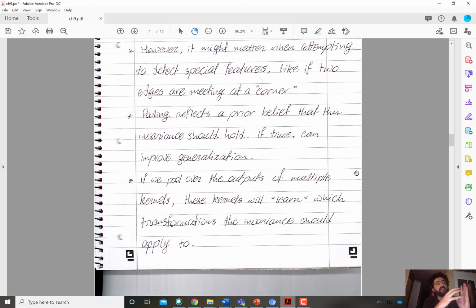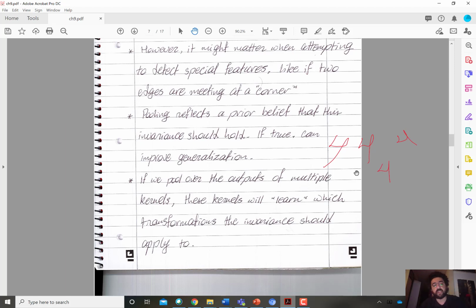For example, let's say I have a handwriting recognition task, and I have an image of a digit. I want to detect a digit 4 if it's slightly rotated like this, or if it's rotated like that, right?